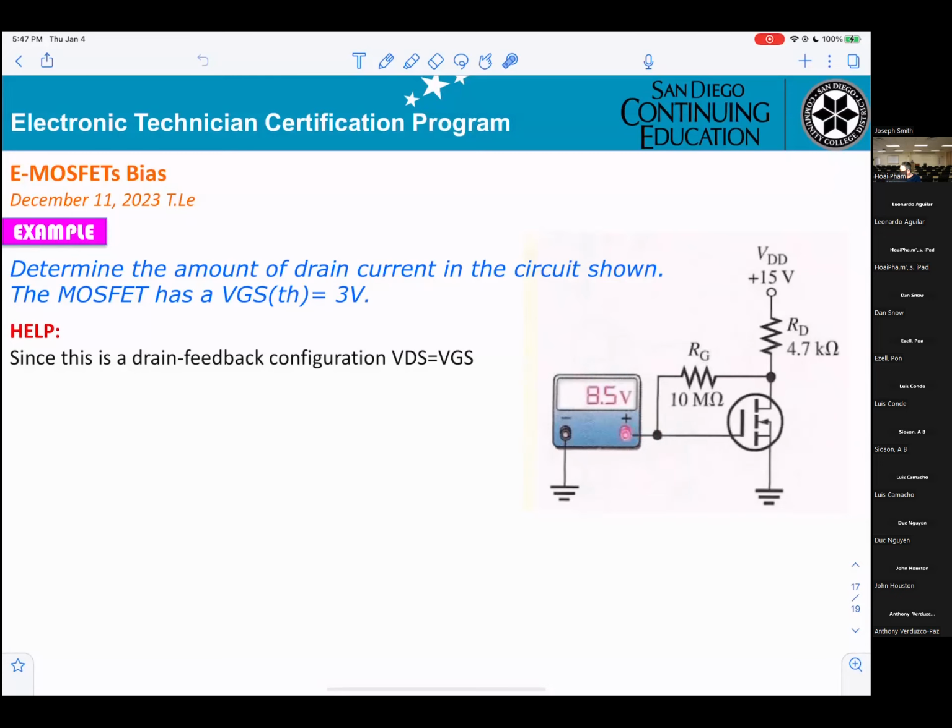They connect a meter. And if you get a VGS, the first thing that will be E MOSFET, you have to calculate the K. Okay, and what else? You try to figure out.